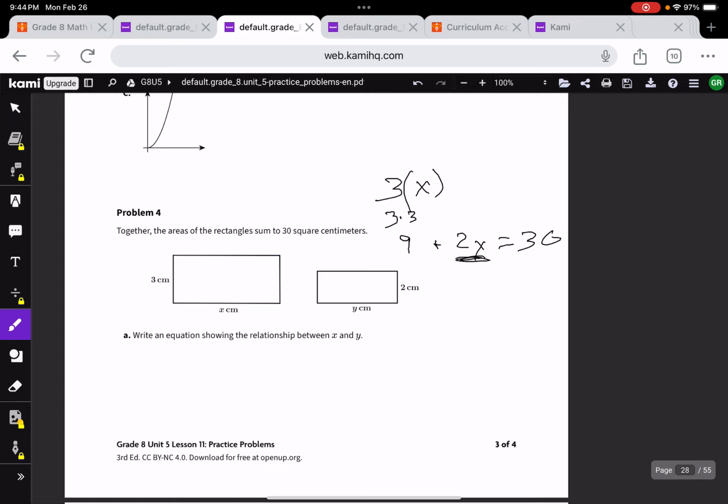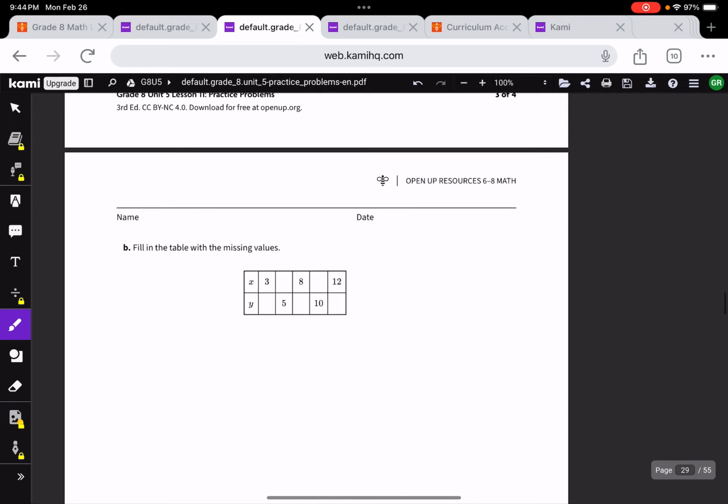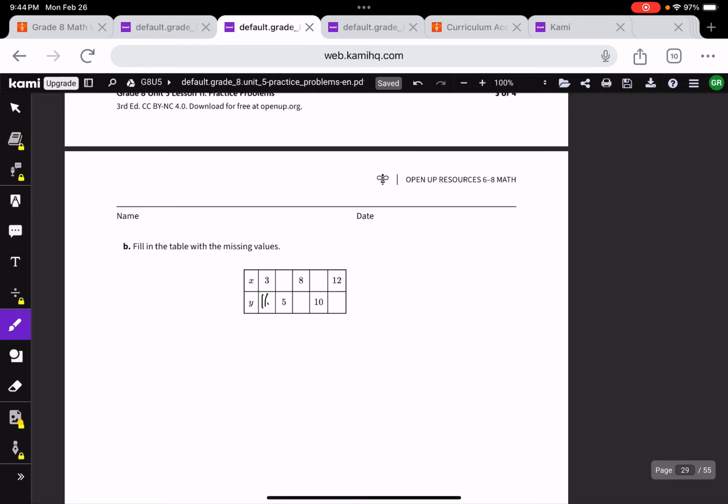The second one, this one right here, is the 2y. Well, we already know both of them is 30, so if we got rid of the 9, we're at 21. That means 2y is 21. That means 1y is half of 21. That's kind of how that works. I'll let you finish that out, but other than that, I think I'm going to call it good.